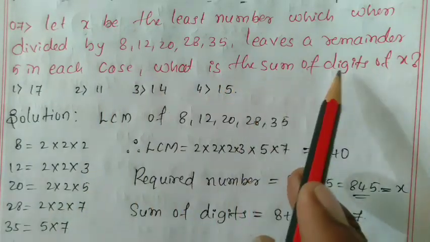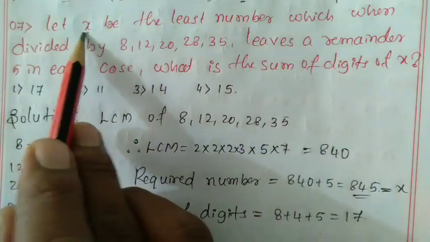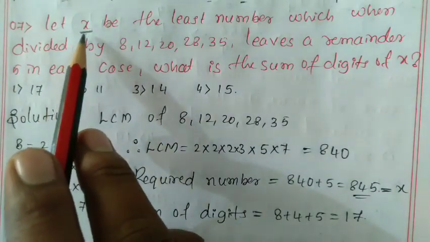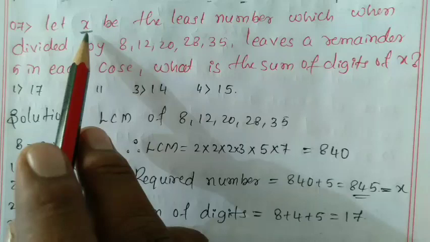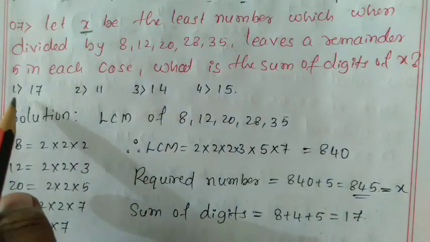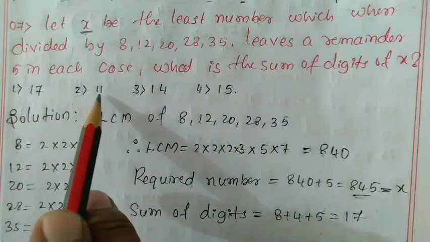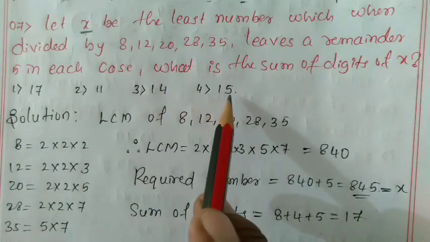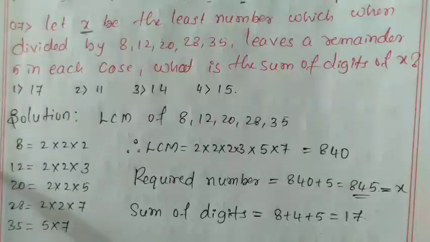And the question is, what is the sum of the digits of x? You can find the sum of the digits of this x. Okay, and the options are: first one is 17, second one is 11, third one is 14, and fourth one is 15. These four are the options.